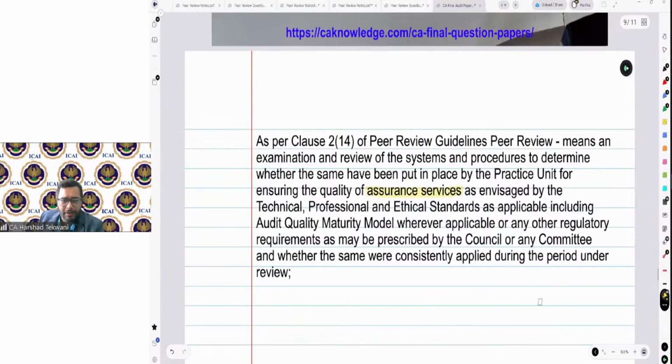Now, assurance service. What assurance service means is there is a list which is given.